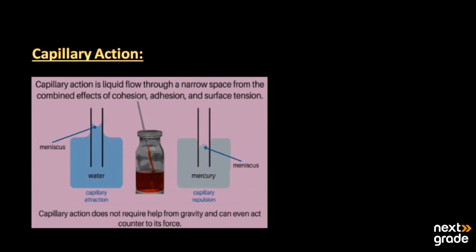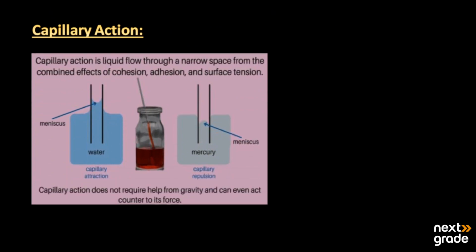We have the property of water known as capillary action. Now, what happens in capillary action? In capillary action, the liquid flows through a narrow space from the combined effects of cohesion and adhesion, and with the help of surface tension. For example, here we have water and here we have mercury, and we put a small tube in each. We see that the water starts to flow upward, and the mercury flows only a very little.